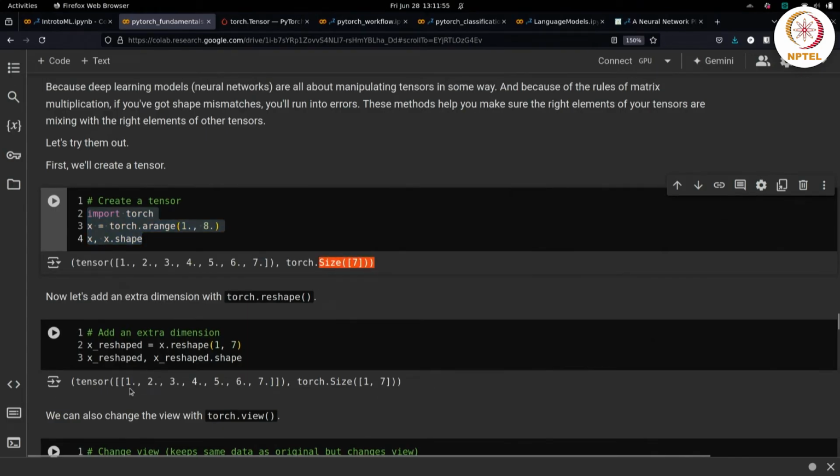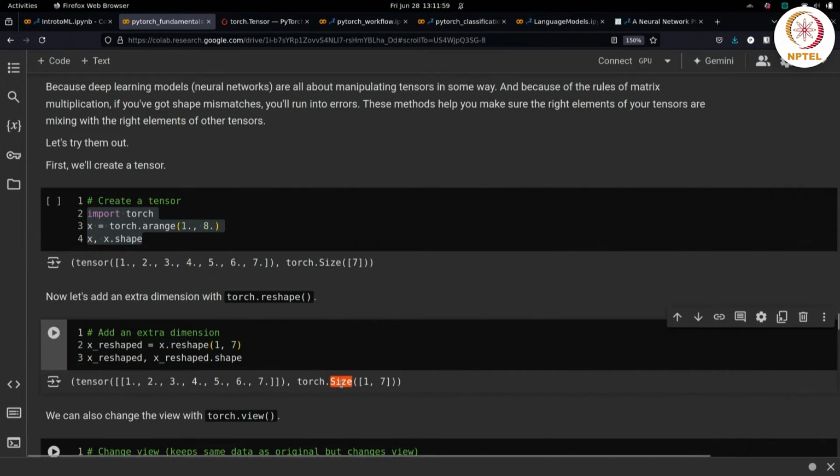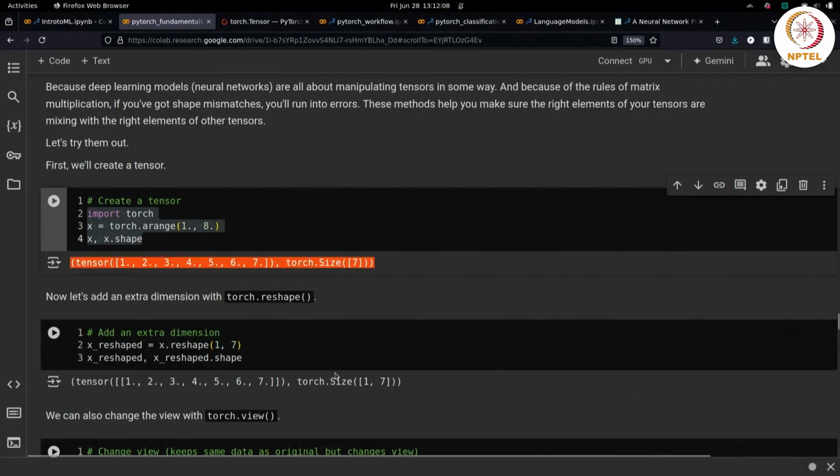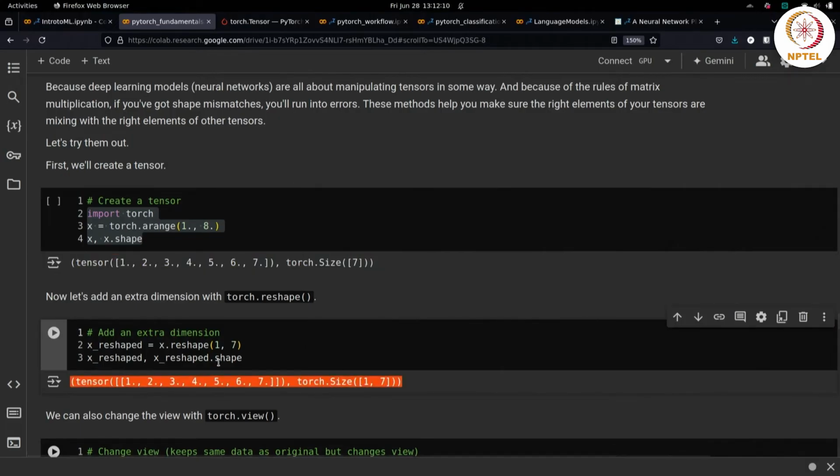For some particular use case, you want to convert it into a matrix of size 1 comma 7. The syntax you can use to do this is reshape. You started with a vector of 7, and by saying x dot reshape 1 comma 7, you have converted the shape to 1 comma 7.